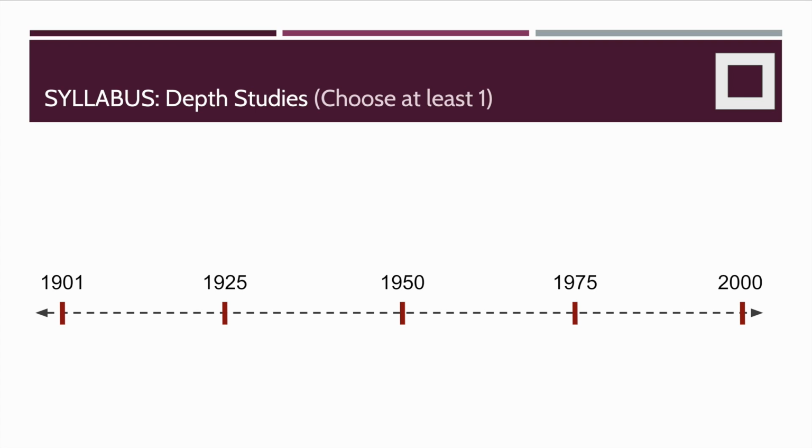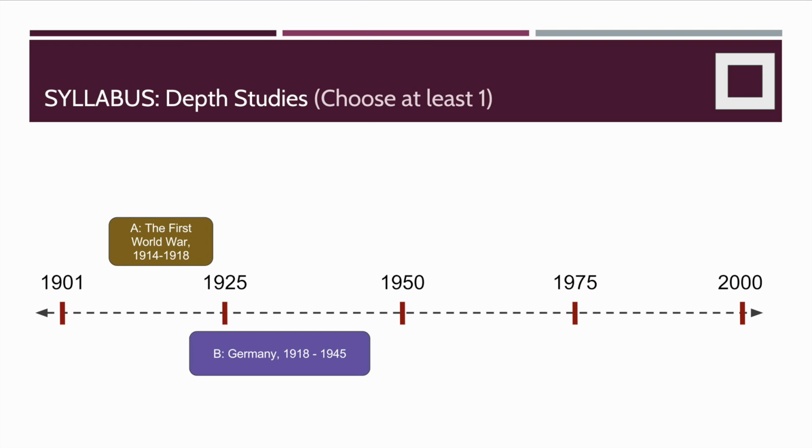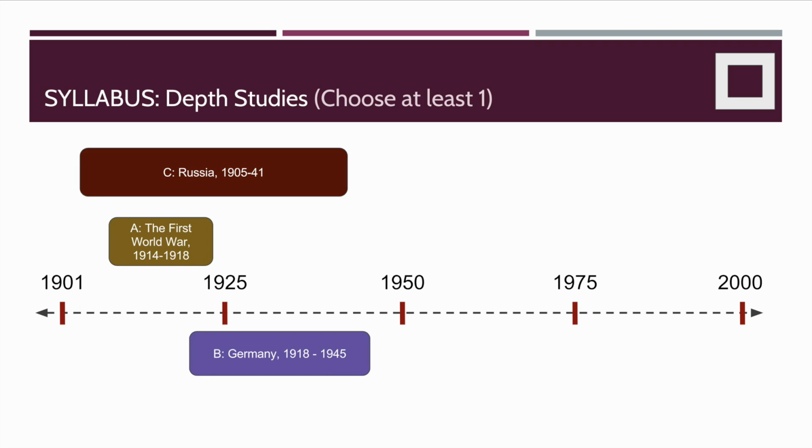Depth Studies A is all about the First World War. Depth Studies B is about Germany, 1918 to 1945. C is Russia, 1905 to 1941.